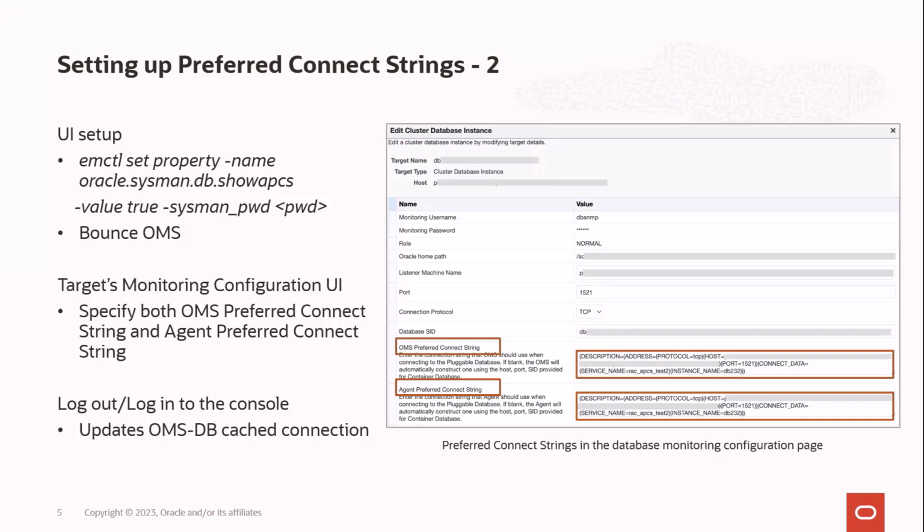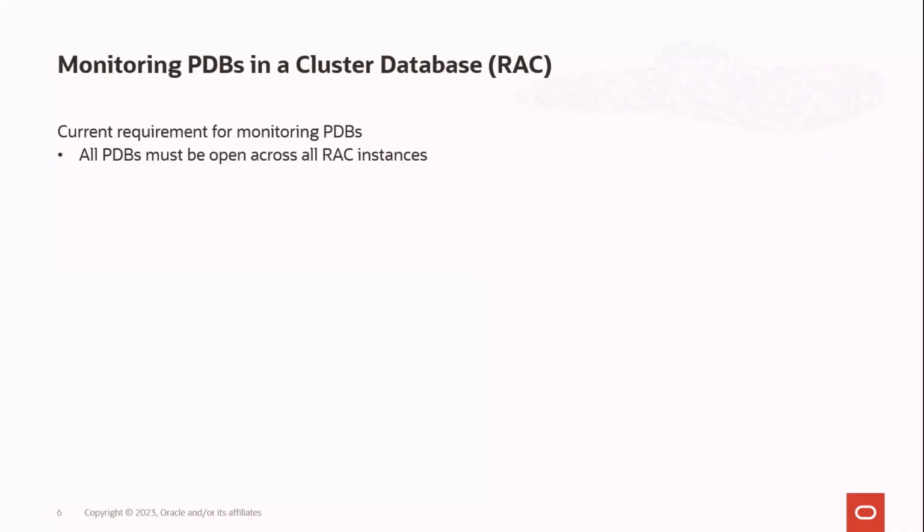As mentioned, for rack databases, remember to specify these connect strings for each rack instance. Then log out and log back into the EM console to update the OMS to database cache connection with the connection information you specified in the OMS preferred connect string.